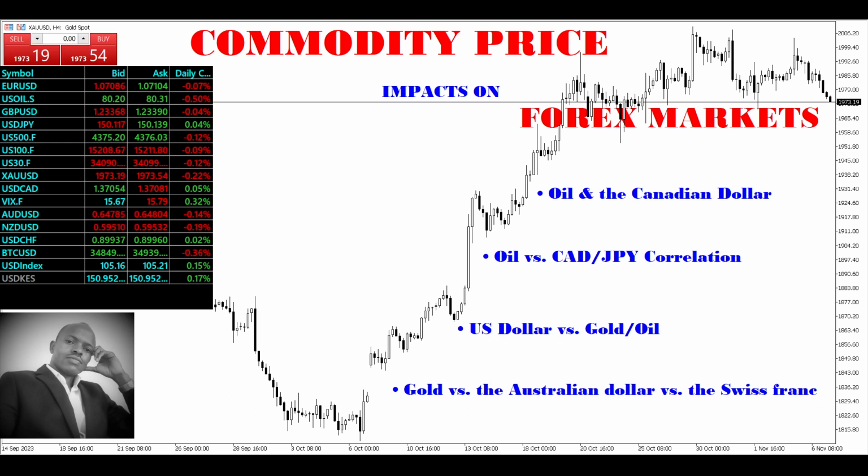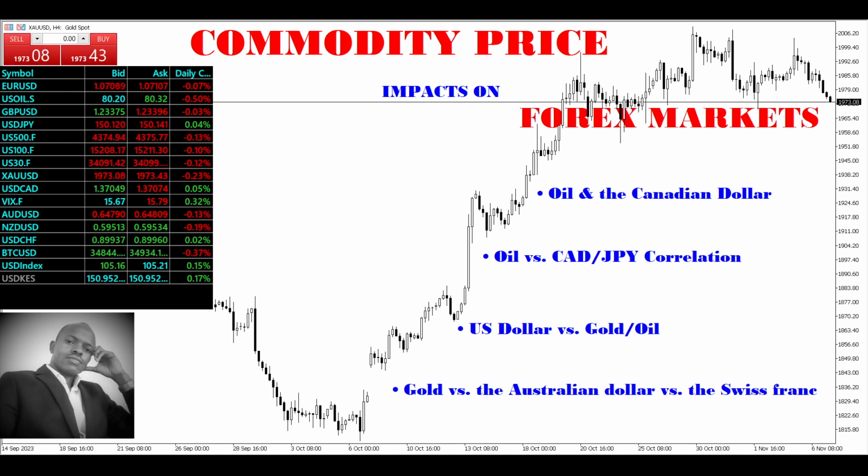Japan, being a net oil importer, is also significantly influenced by changes in oil prices. For example, when oil prices fall, the Japanese yen tends to increase in value because it becomes cheaper to purchase 1 barrel of oil using the yen currency.